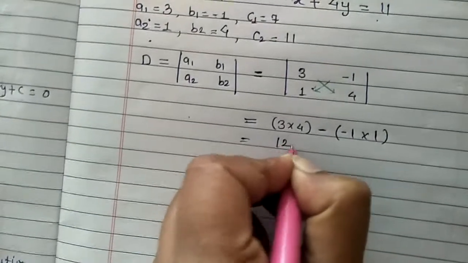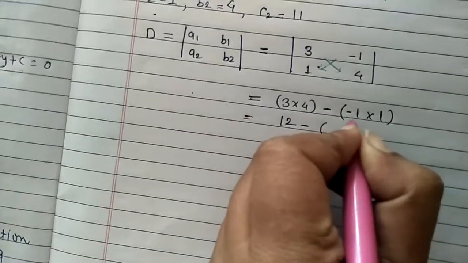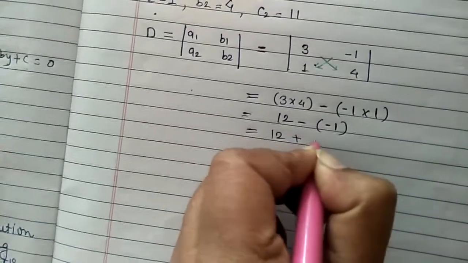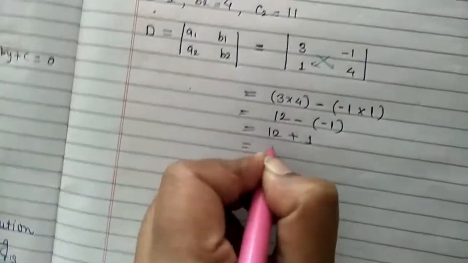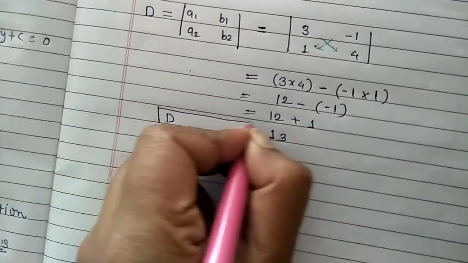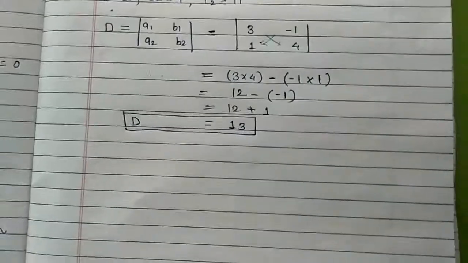So 3 fours are 12, minus, minus 1 into 1 is minus 1, so 12 minus minus becomes plus, plus 1, equals 13. So the determinant D that we are getting is equal to 13.